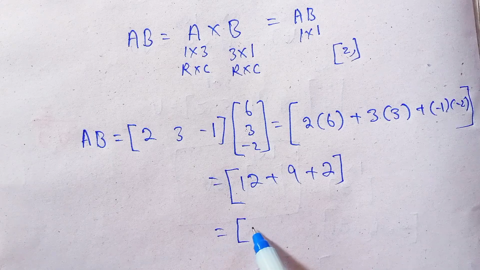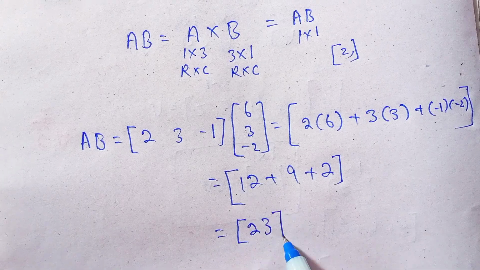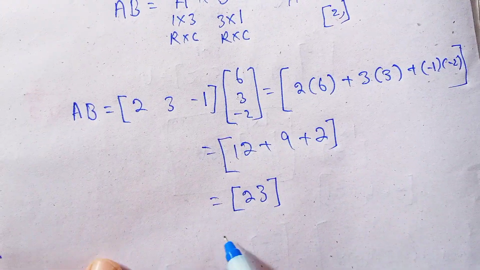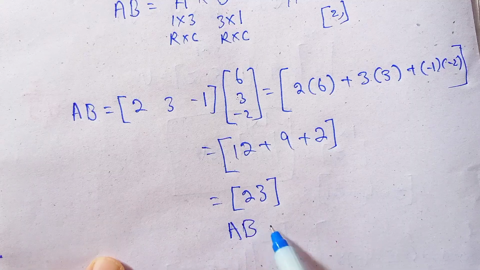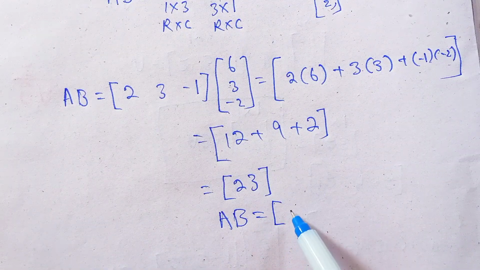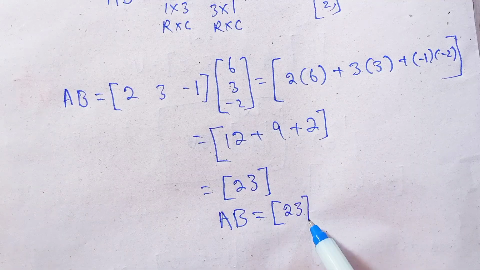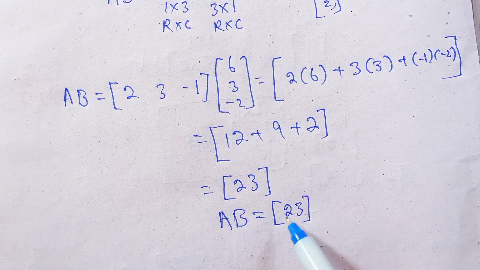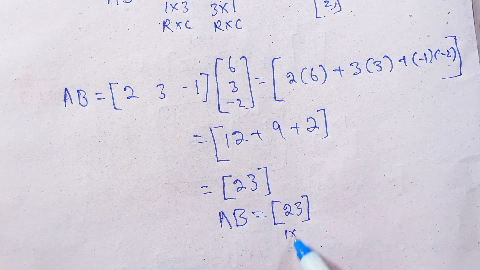So this matrix contains 23. So the matrix AB contains only one element which is 23. So this is matrix AB and the order of matrix AB is 1 by 1.